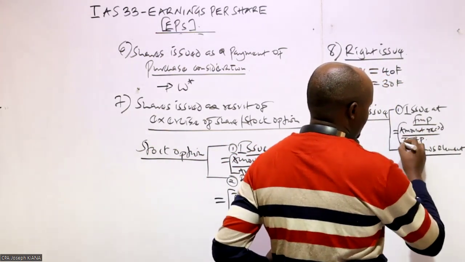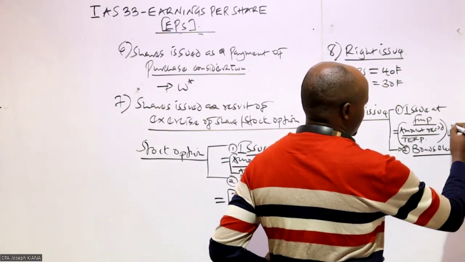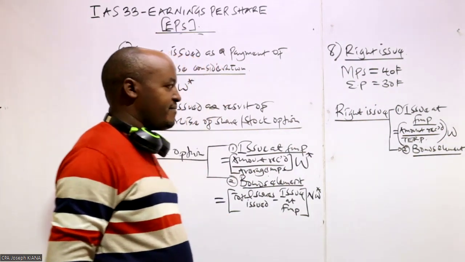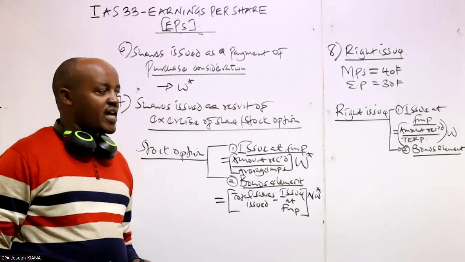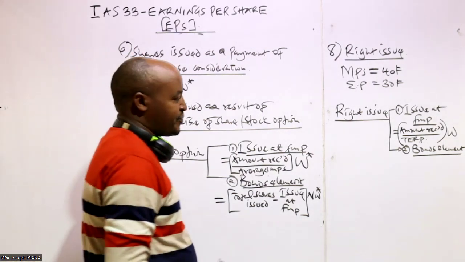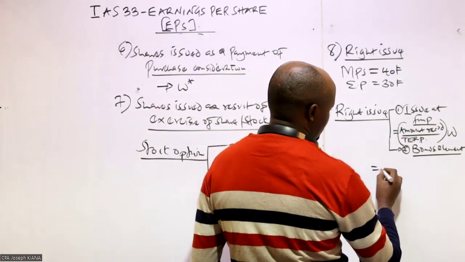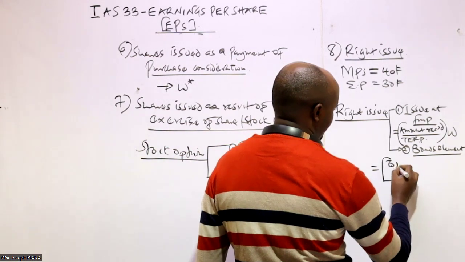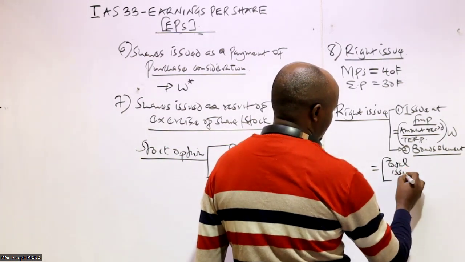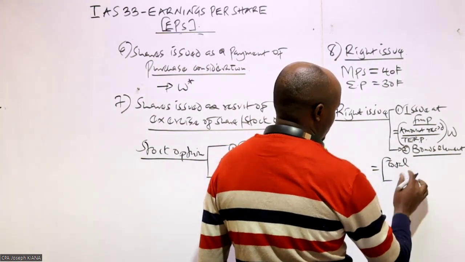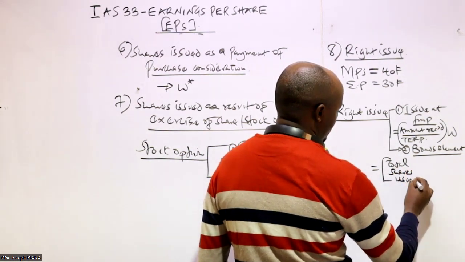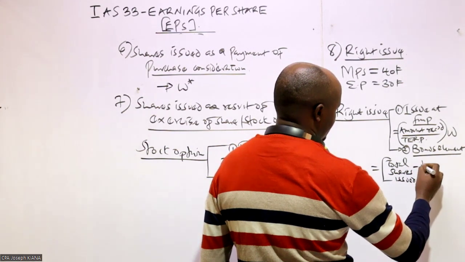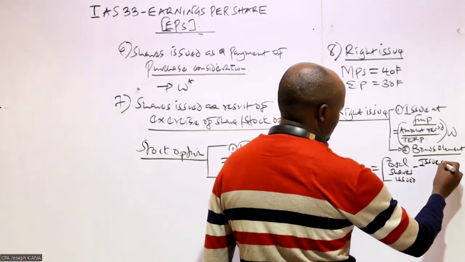It is also important to note that these particular shares, because they have been issued at full market price, must be weighted on a time basis. Then from there, we compute the bonus element by taking total shares issued by the company during the right issue, minus those issued at full market price.